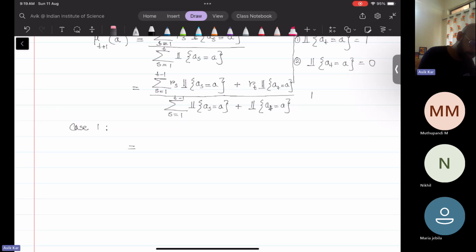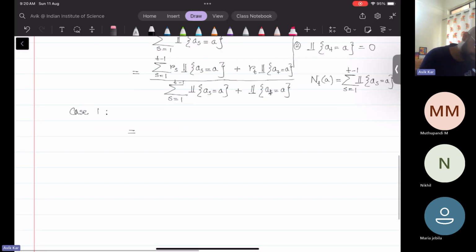Also, we denote this variable, the sum from S equals 1 to T minus 1 of the indicator AS equals to A. So this is the number of times we have pulled arm A until time T, T excluded.